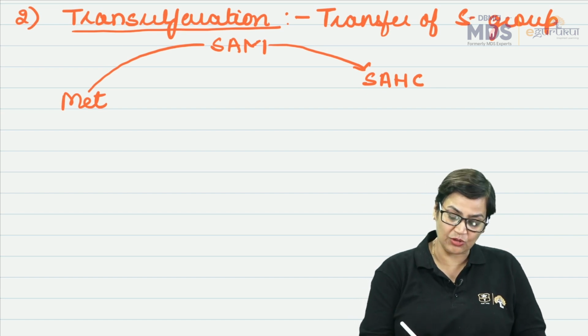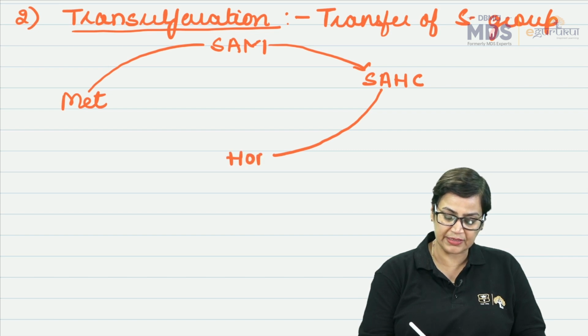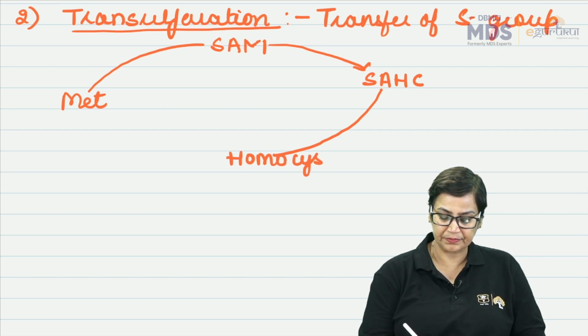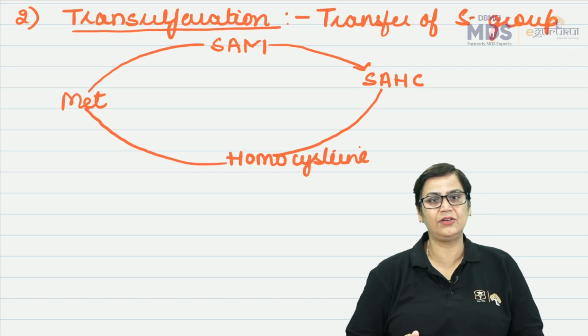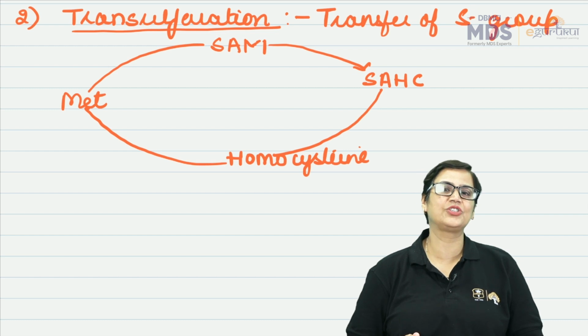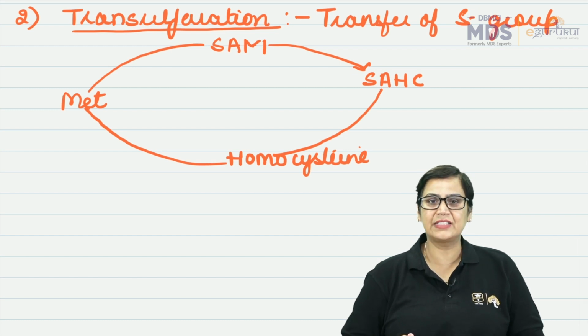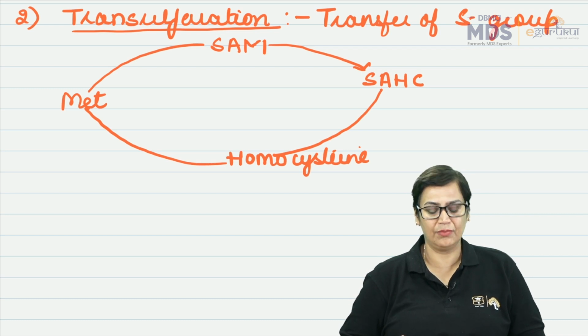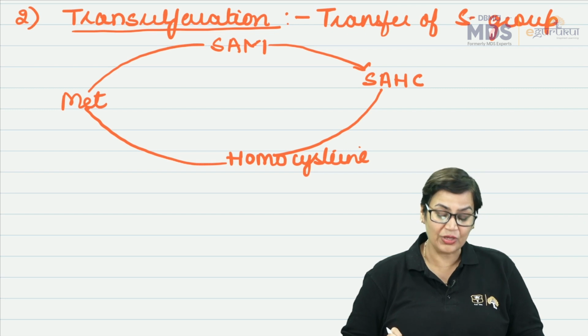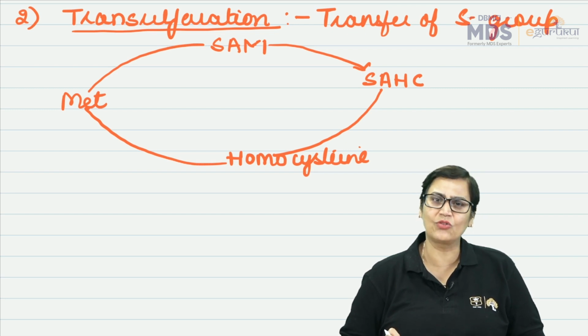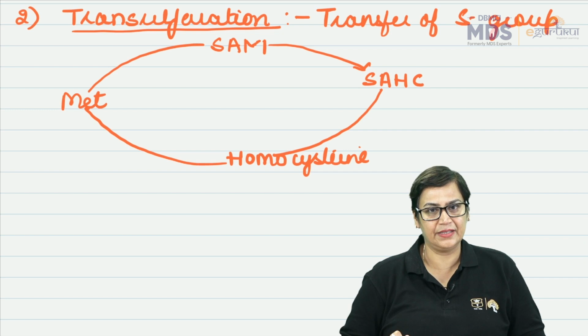And this is then converted into homocysteine. And this homocysteine is converted back into methionine. This is a regeneration of methionine, which I have discussed in detail in the metabolism of methionine, because here we are concentrating only on the vitamins. So here we are going to study the role of B6.